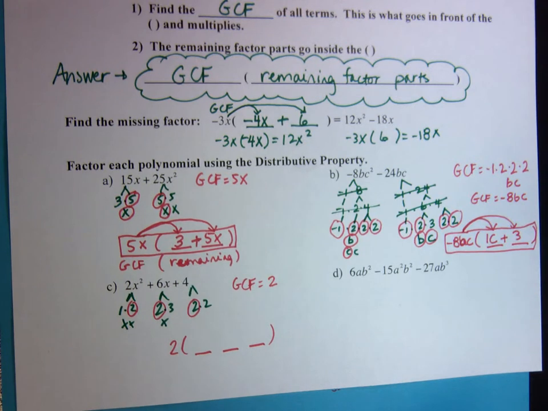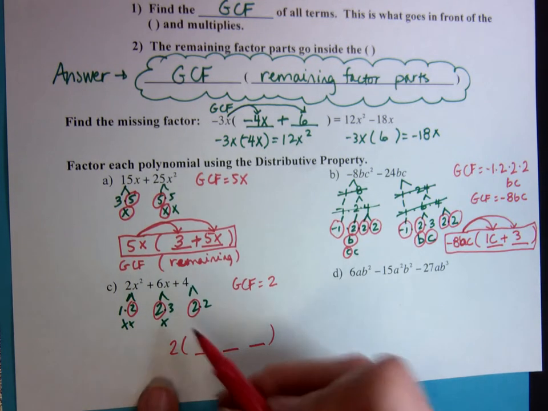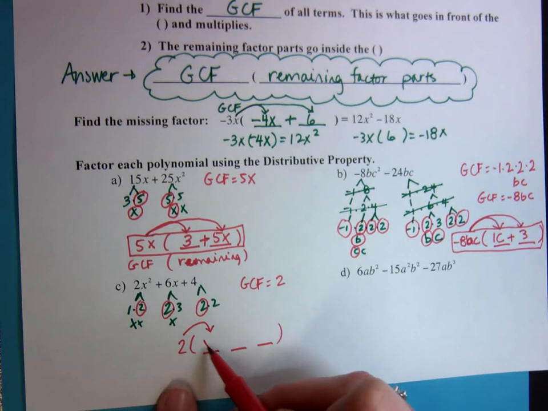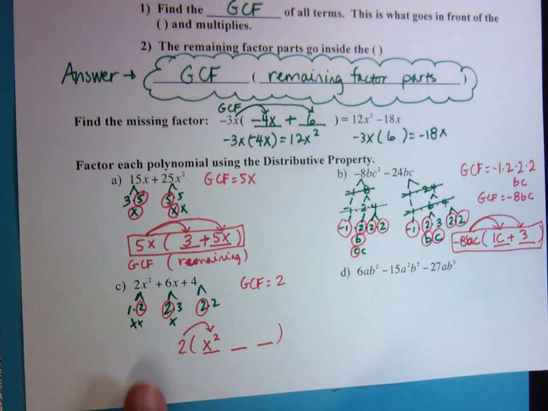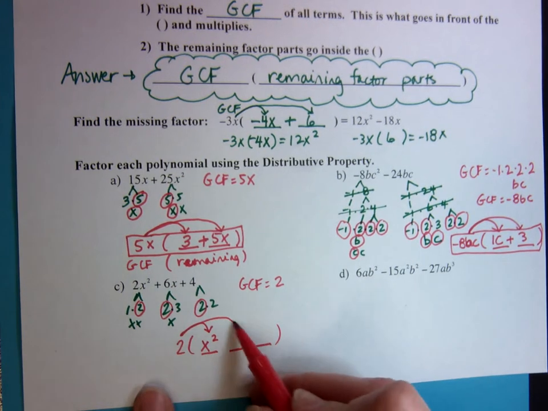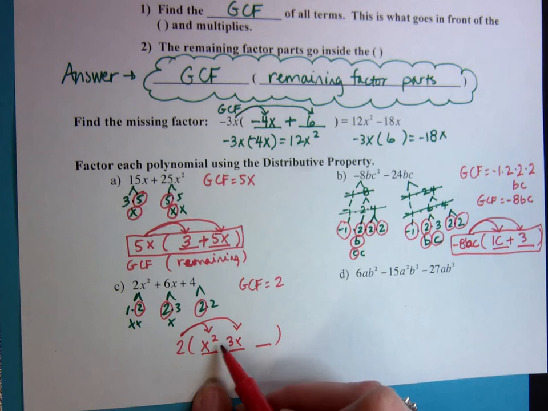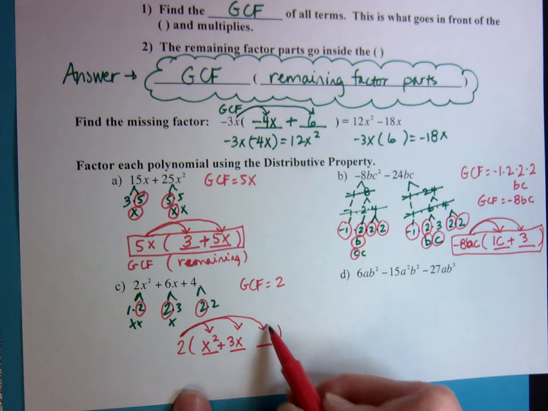All right, so let's figure this out. 2 times what will give me 2x squared? X squared. You could put 1x squared, that's okay. 2 times what will give me 6x? 3x. What do I need right here? A plus. You always have to have the separators. And then 2 times what will give me 4? 2.